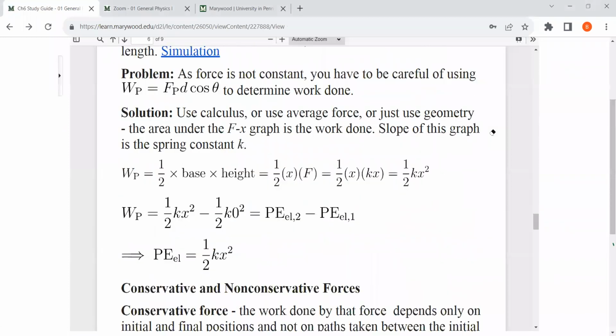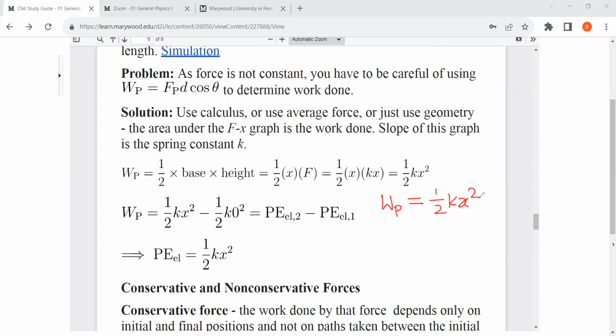All right, so here I already showed it. Let me do a little more. We already see that W by the external force, the pull or push force, is equal to half kx squared.